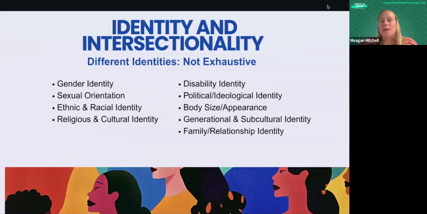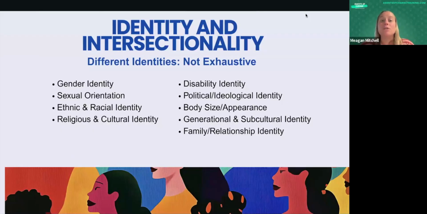We're going to talk a little bit now about identity. When you are conceptualizing working with a client, it's really important that you are understanding, thinking about, observing, being curious about their identity and intersections of their identity. What does intersection mean? Intersectionality means that different identities can exist at the same time.